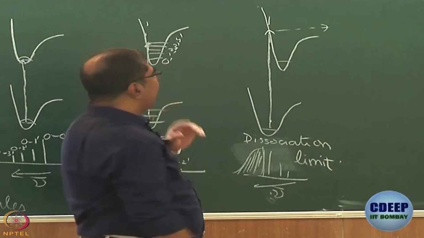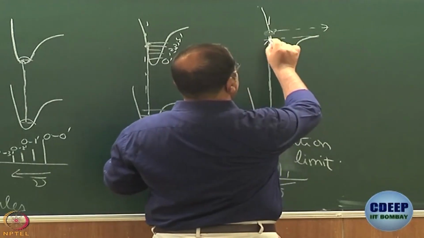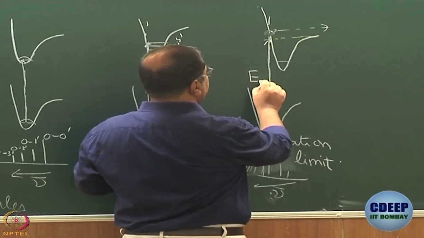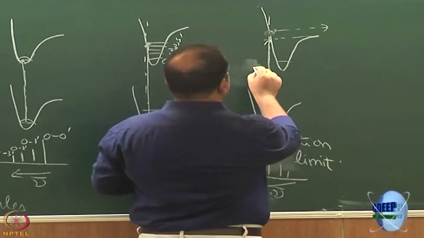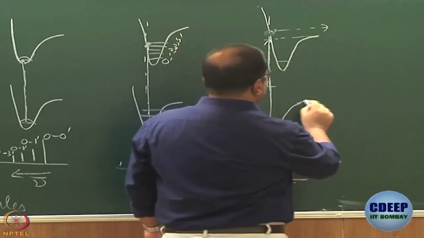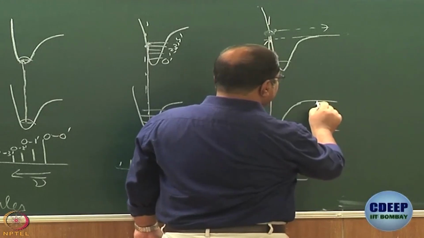Okay. Let us see what this dissociation limit is. This is your dissociation limit, right. Let us say up to this. This I will say is E dl. Maybe I will write epsilon dl, so that we remember everything is in centimeter inverse. Now, what is this energy?